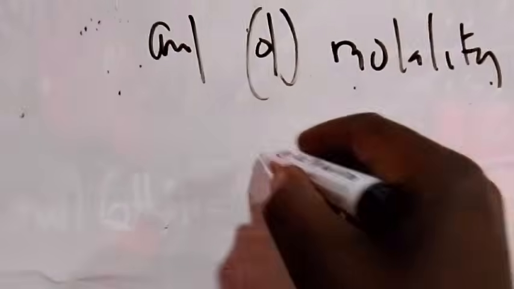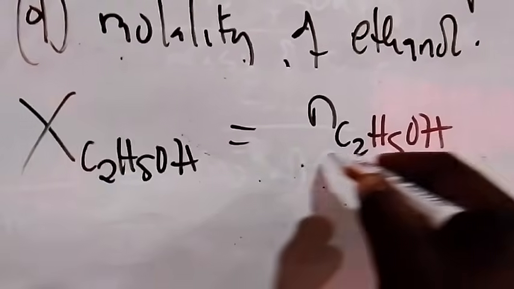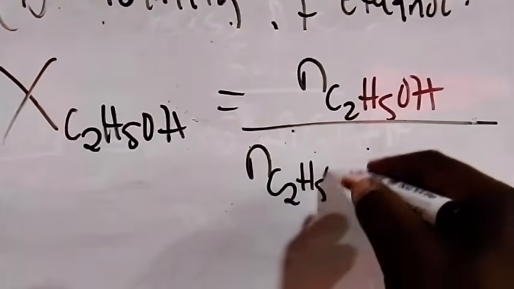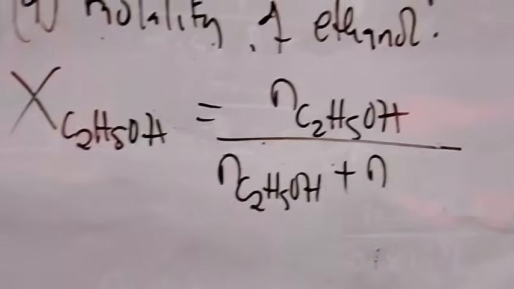Then let's calculate the mole fraction of ethanol. The mole fraction of ethanol is equal to moles of ethanol over moles of ethanol plus moles of water.